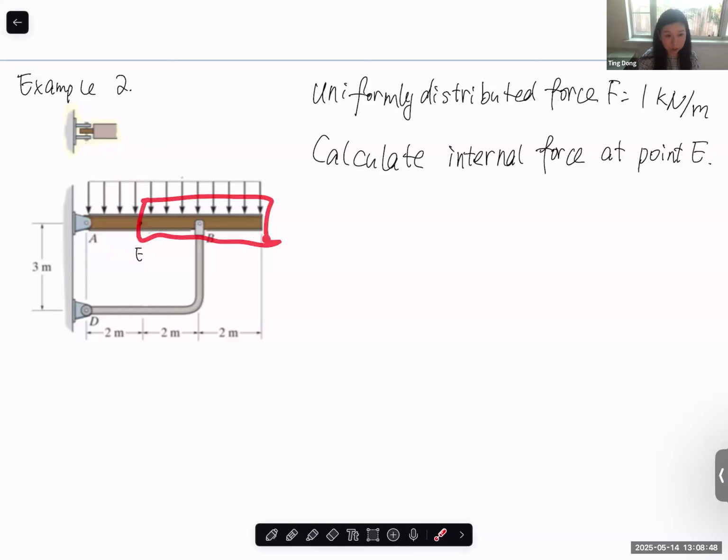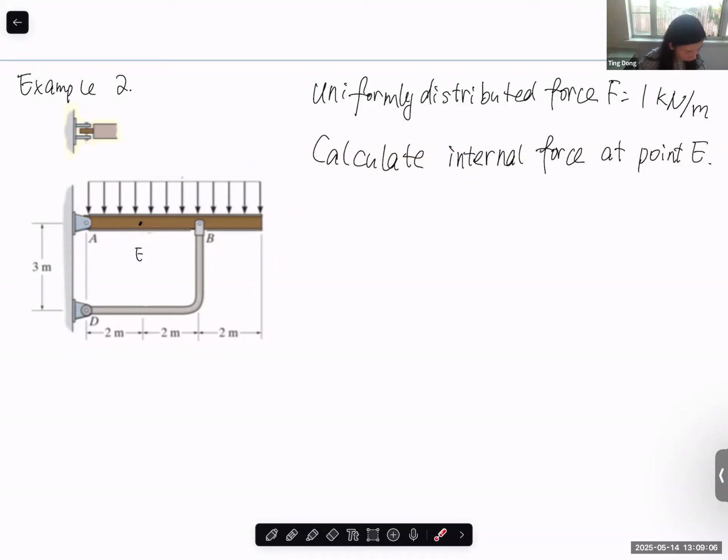Of course, when we do the right side, we consider the BD force and the force applied on top, right? Either side should be fine. You should get the correct answer. It's just which one you consider is easier for you to calculate.